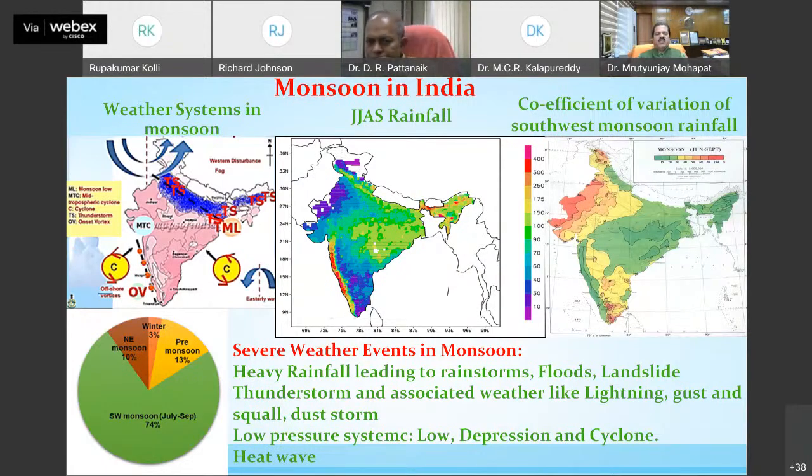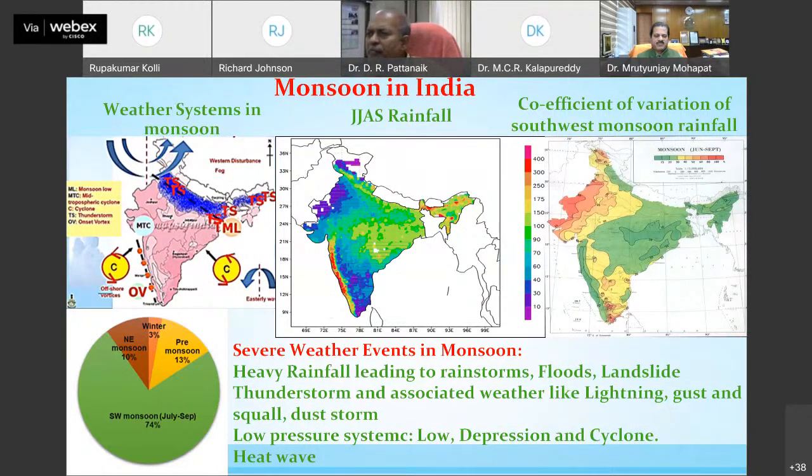Fine. So of course, you know that the southwest monsoon is a predominant weather system affecting all socio-economic activity in the region. And the southwest monsoon starts in the month of May and continues till the middle of October.